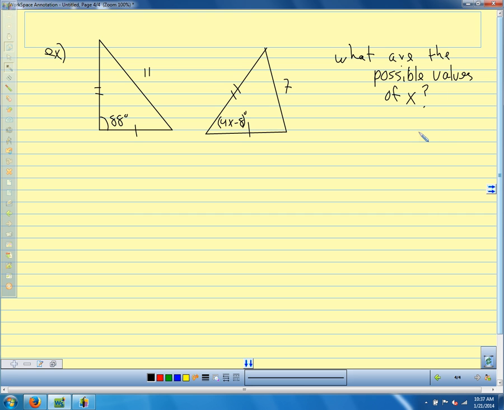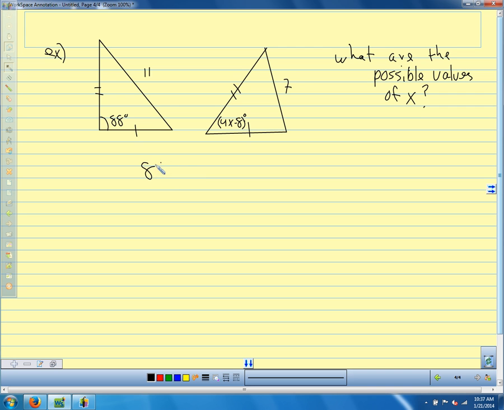So we're going to look at this picture and we're going to say, well, these two sides are congruent. This is congruent to this is congruent to that. But we also know that this side is larger. So what does that tell us about this angle compared to that angle? If this side is larger, this has to be bigger than this angle. So that gives us one thing that we can work with.